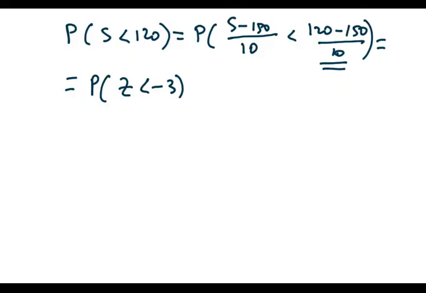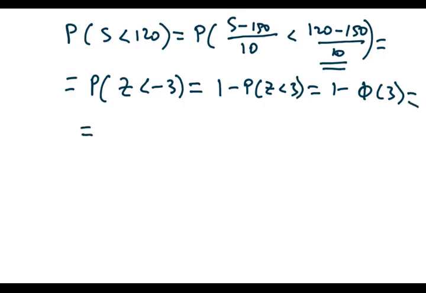As we remember, this equals 1 minus the probability that Z is less than 3, which is 1 minus capital phi of 3, found from the table for normal distribution.